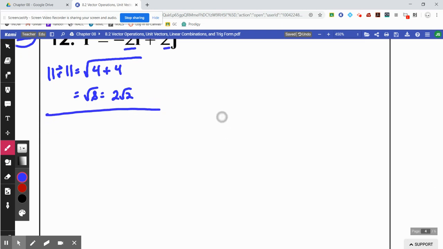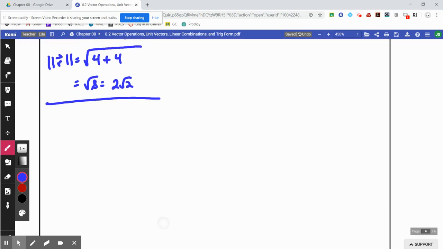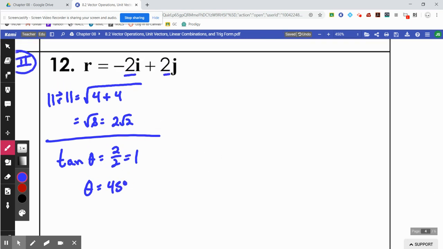Next up, I just kind of let you in on the secret. You already know what your angle is going to be, but I'm going to go ahead and work it out anyway. We know that the tangent is equal to 2 over 2, so tangent is equal to 1, so that means my angle is a 45-degree angle, like I just said. However, we are in the second quadrant.